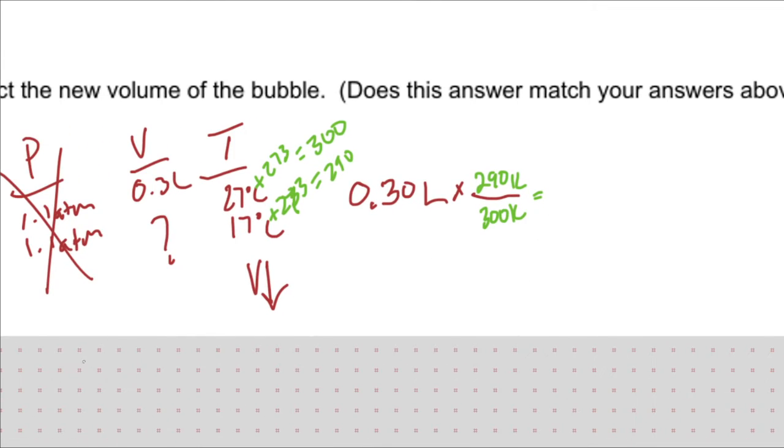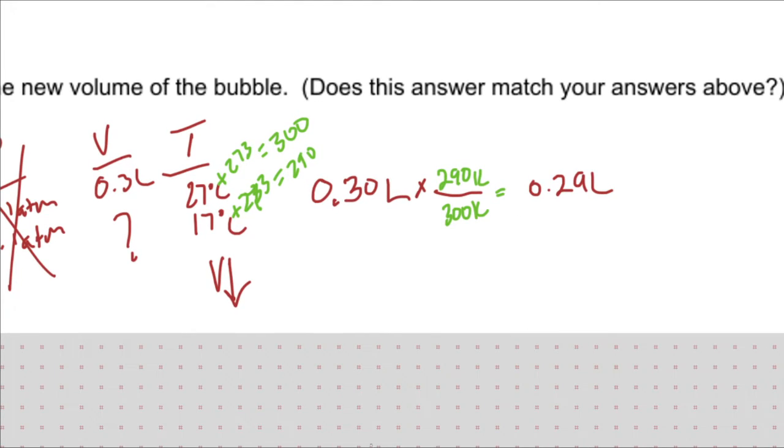And what we end up getting is an answer of 0.29 liters. Let me run that through my calculator to make sure. I'm just canceling out the 0.3 and the 30. Those cancel out, so I should be left with the 0.29 up there on top, but we'll run it through real fast on the calculator.